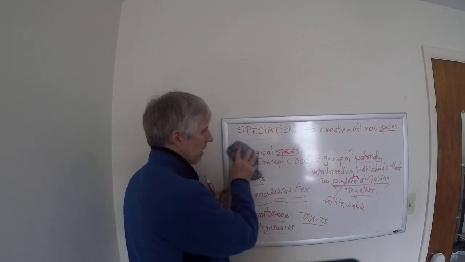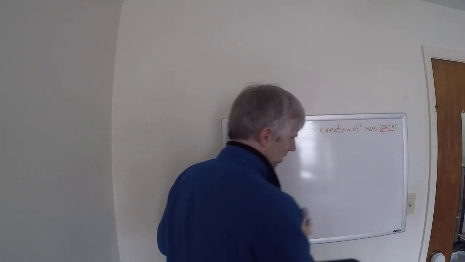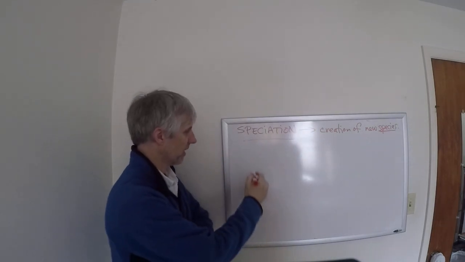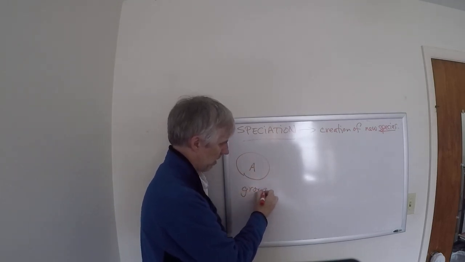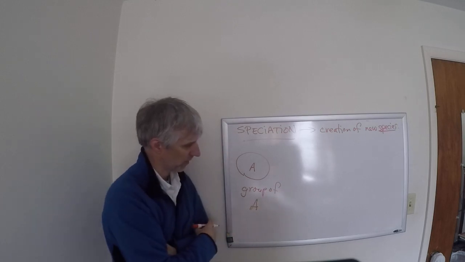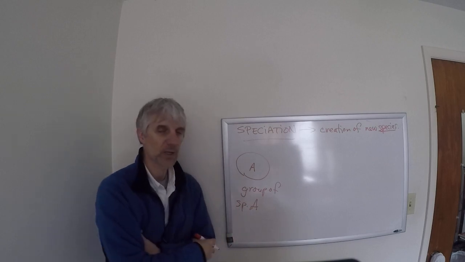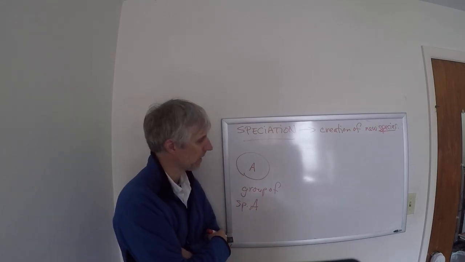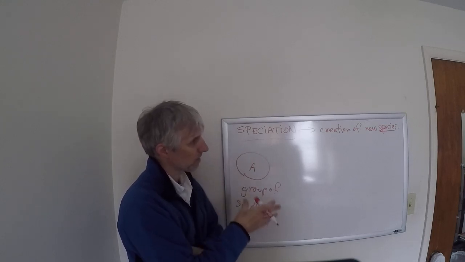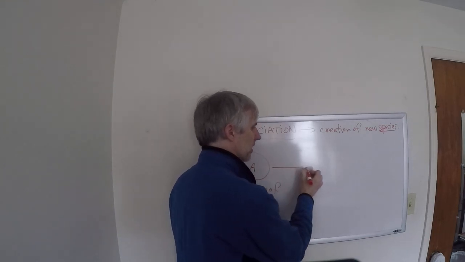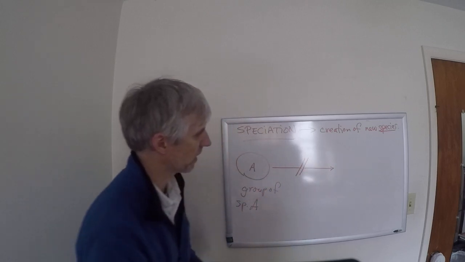Okay? All right, now, if I've got some ancestral group of individuals here, a group of individuals of species A, let's say. Now, species A somehow is going to go through some kind of a weird process in here.